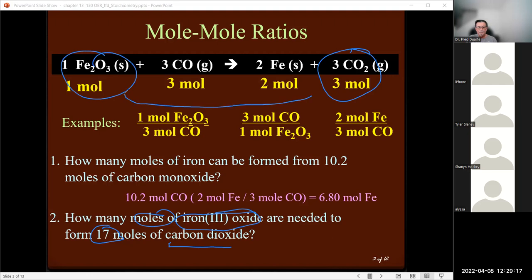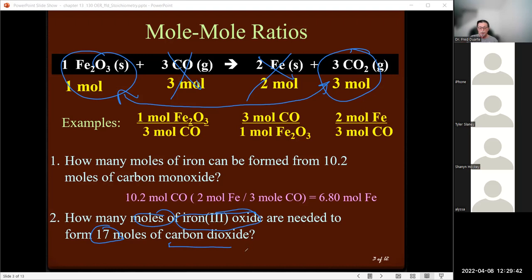We're only concerned about that relationship. We're not concerned about the other because we assume that there's sufficient carbon monoxide for this process to occur. And so the relationship between the iron 3 oxide and carbon dioxide is 1:3. That is the stoichiometric relationship.